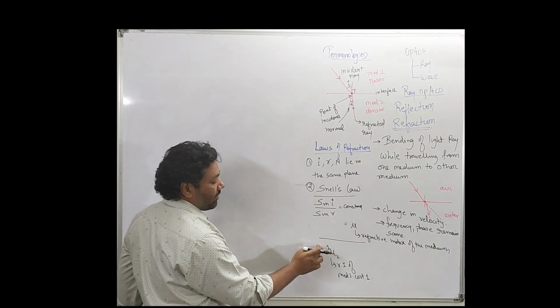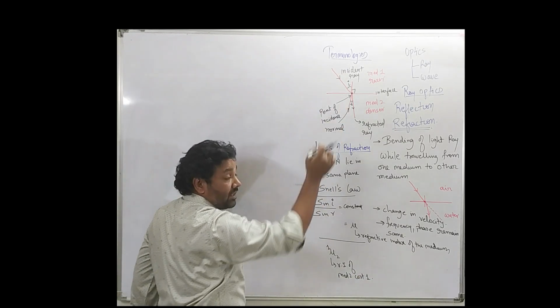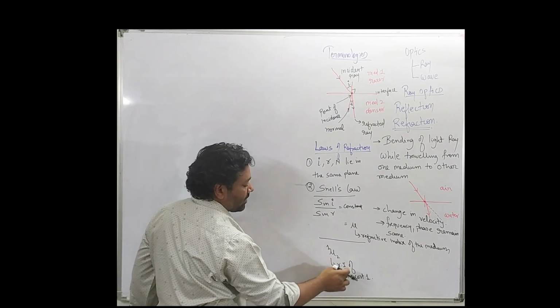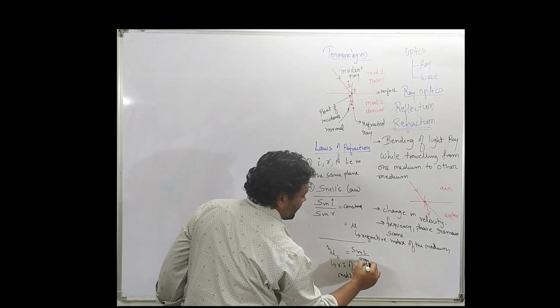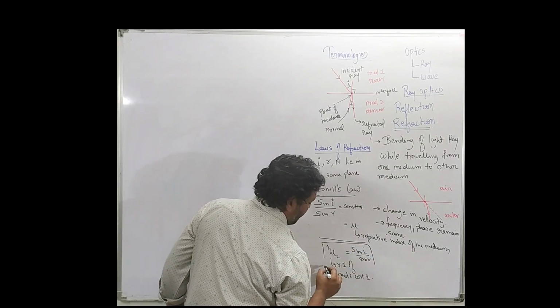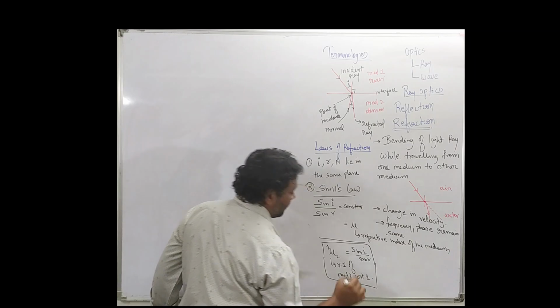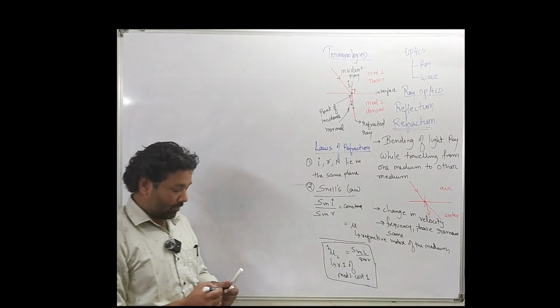The ray of light is traveling from 1 and entering into 2, so the refractive index of medium 2 with respect to 1 is given by sin i by sin r. This is one important formula, very helpful from the numerical point of view.